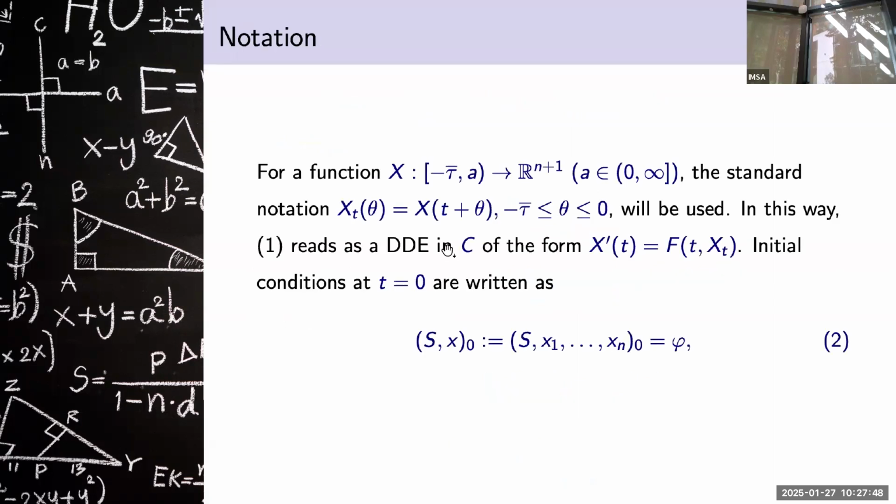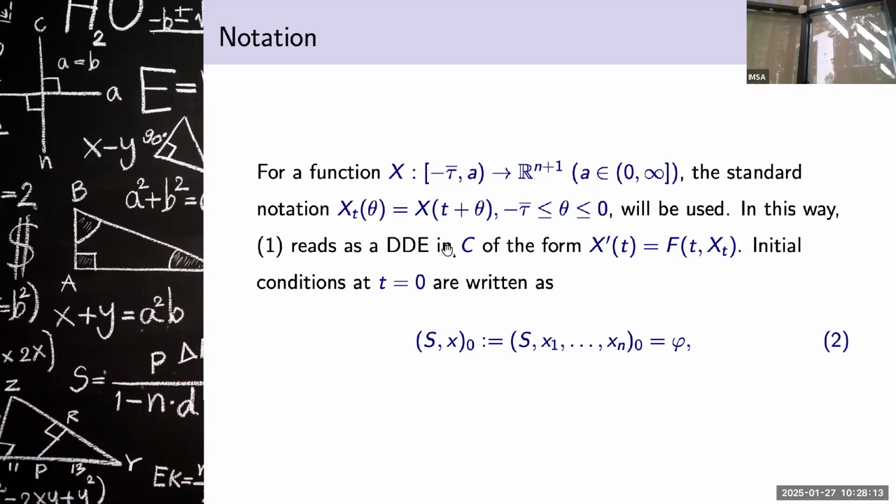And here also it's important to mention that we use very often this notation when you deal with functional differential equations, this x_t. This means not the partial derivative, but it means that x_t(theta) is equal to x(t plus theta).